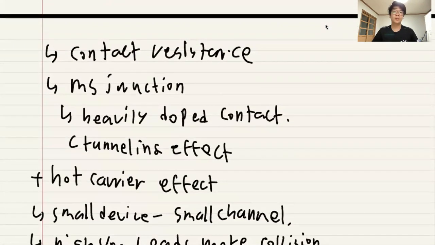The contact resistance occurs because there is another diode on the contact, which means there is a metal-semiconductor junction on the contact.